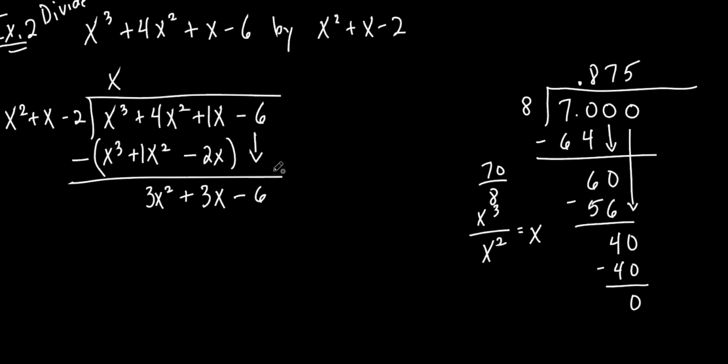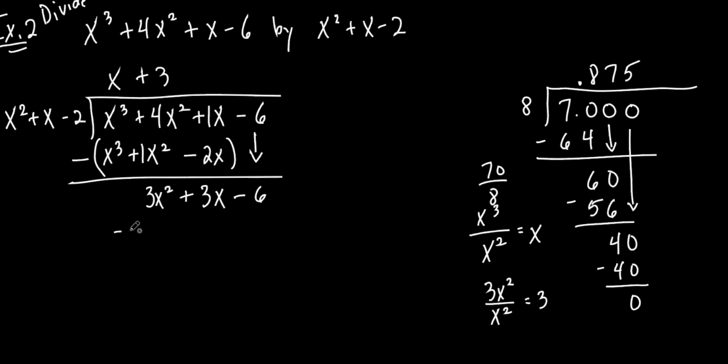Keep me on my toes. Now how many times does x squared go into 3x squared? Or 3x squared divided by x squared. What is that? It's just a 3. So how many times does it go into it? 3 times. So you just put a plus 3. We good?